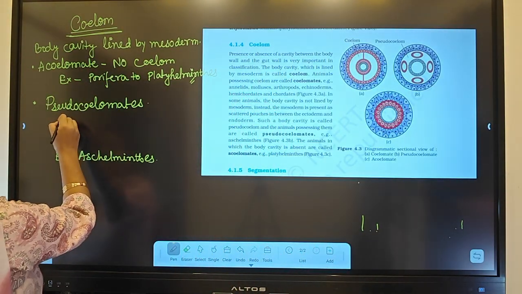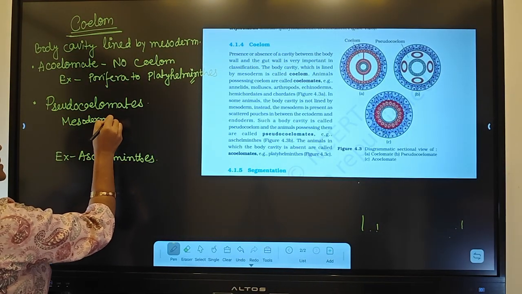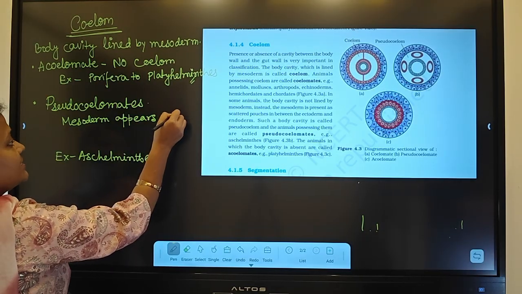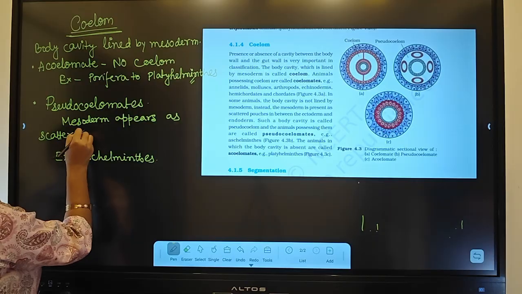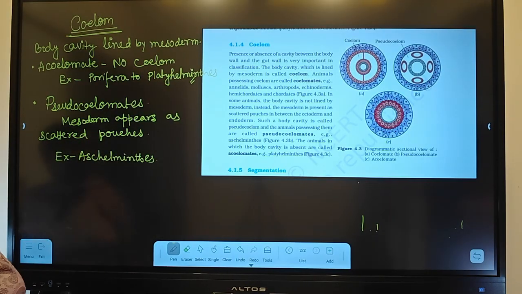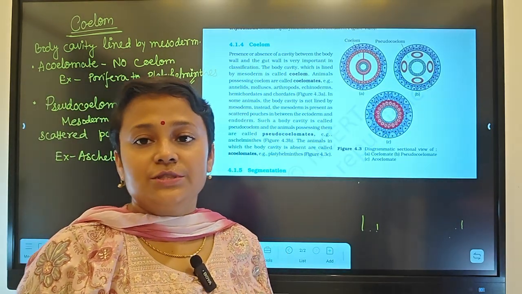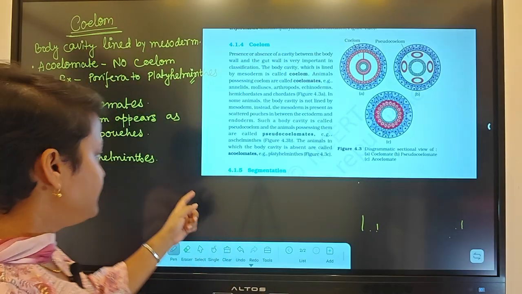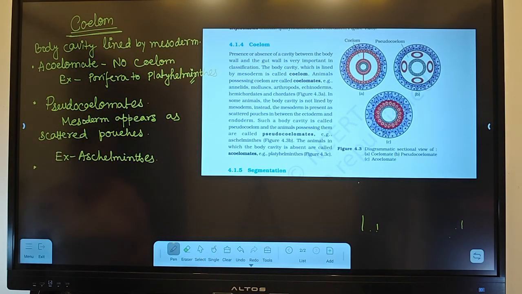So here we can write: mesoderm appears as scattered pouches, and the cavity between two pouches will be called as pseudocoelom. Example, acoelomates. Coming to true coelomates.